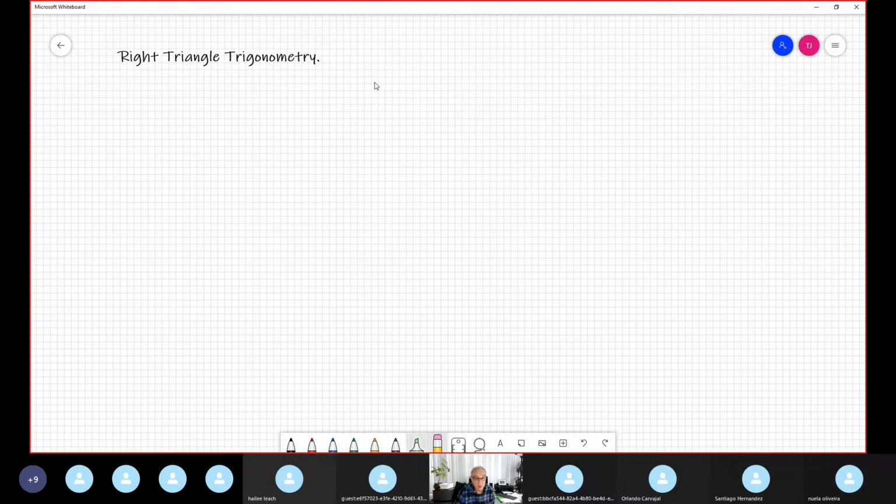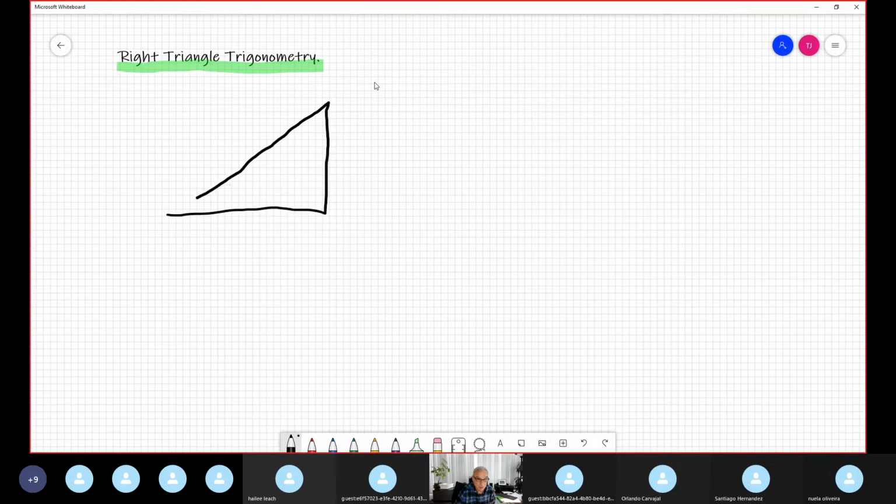Then you need to be familiar with the notation that we are using every day. Look. In this topic, we consider always that this is a right triangle.